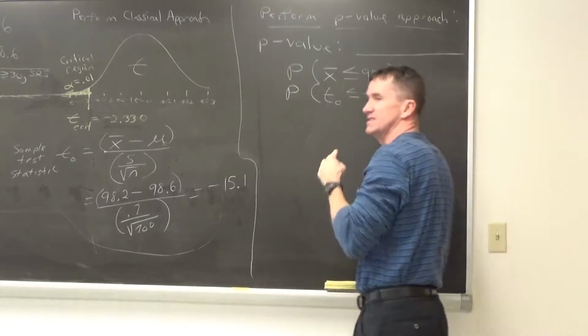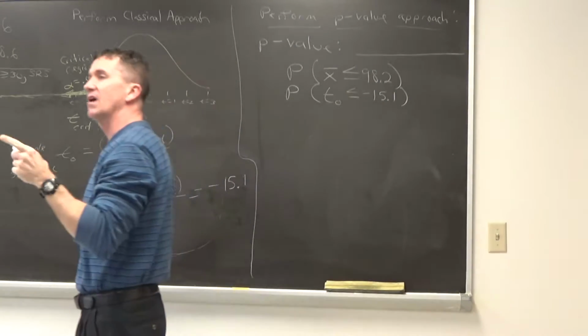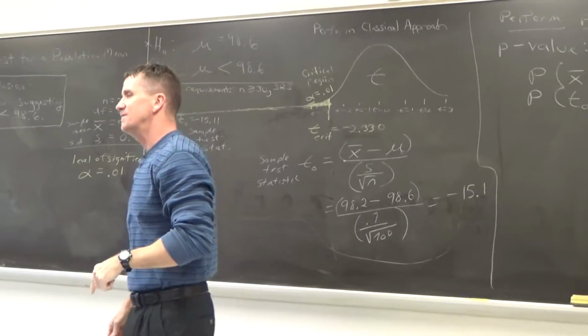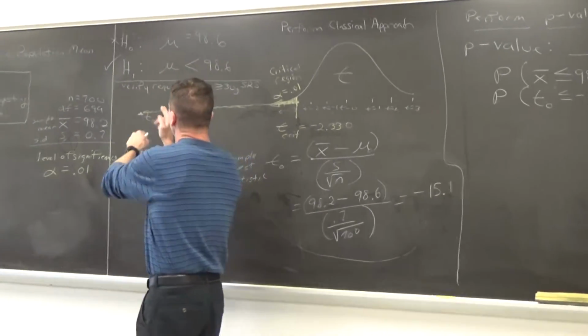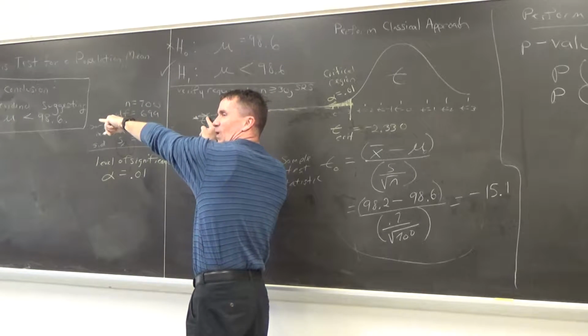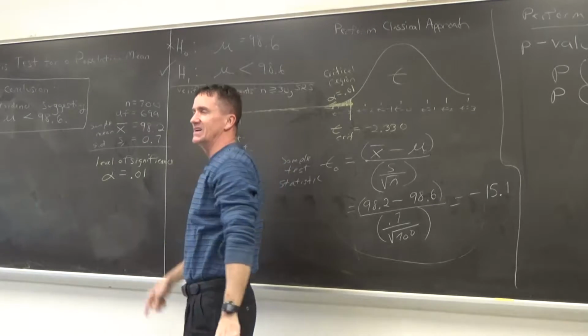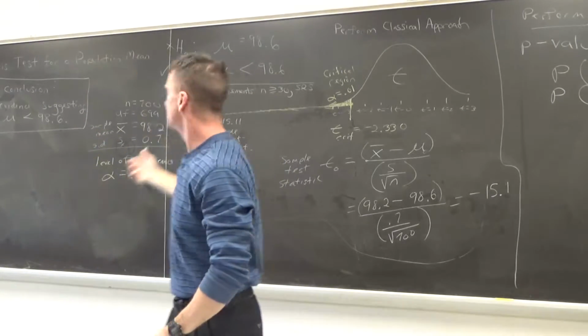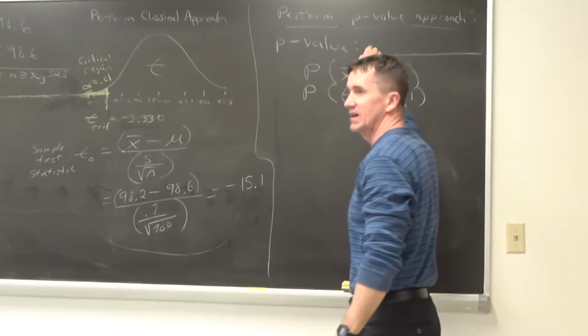Some of you might have a sense of this probability in your head, but we'll use the calculator to get this. What I'm basically saying here is, from this marking over to that side, what portion, what area of this bell curve is shaded? And it's not much, is it? Not much is shaded over there. This is going to be a very, very low number.